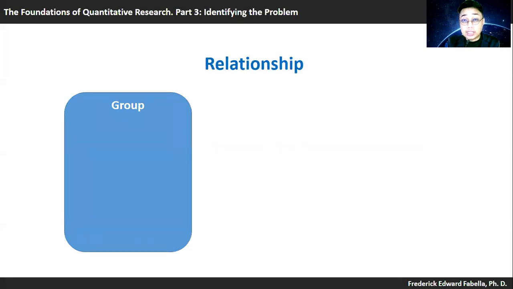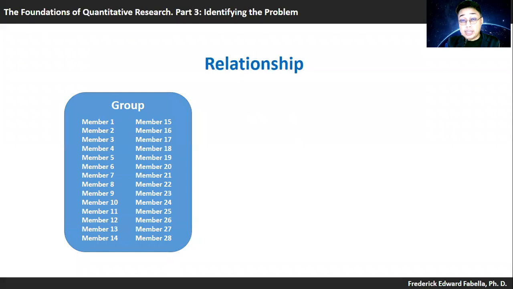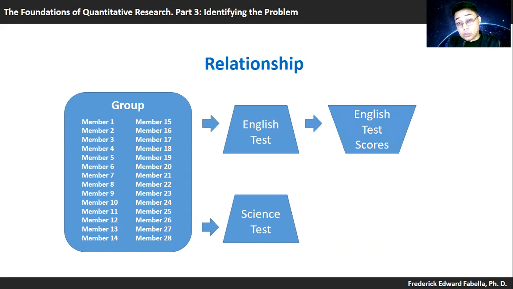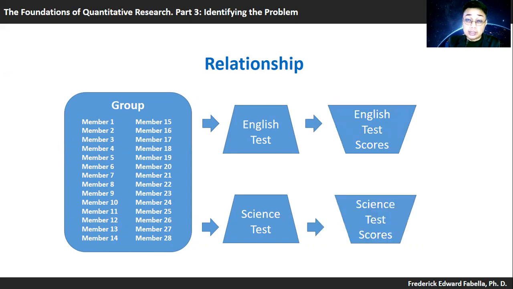Let's say your group has 28 members. First you give that group an English test, and after the English test, you give that group the science test. The English test will yield English test scores, and the science test will also yield science test scores. So now you have the English test scores and the science test scores.